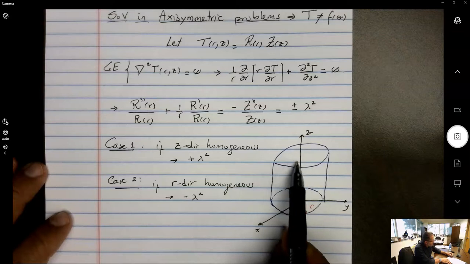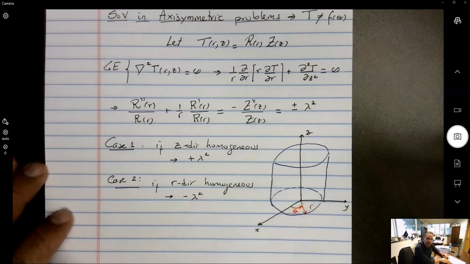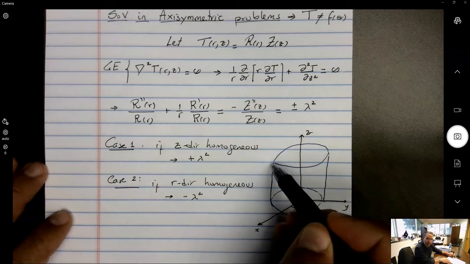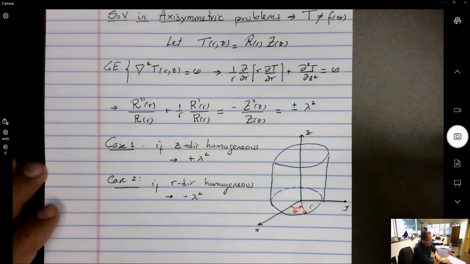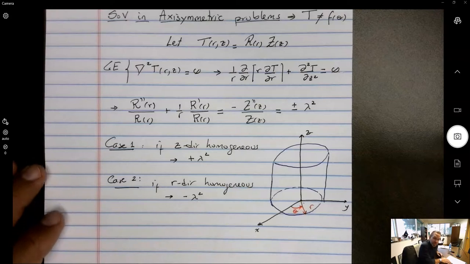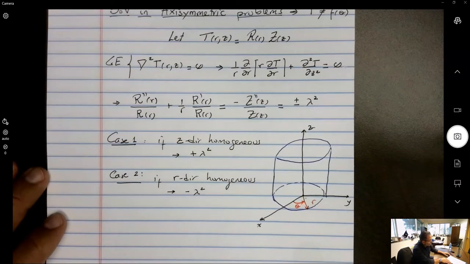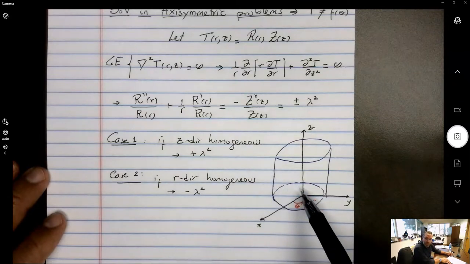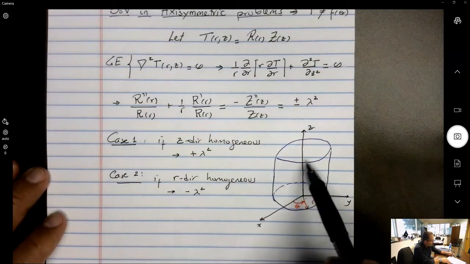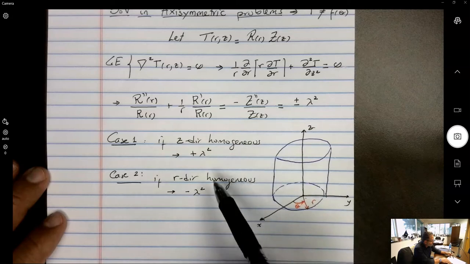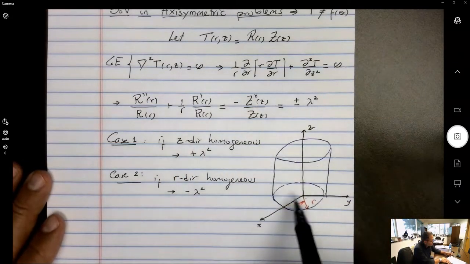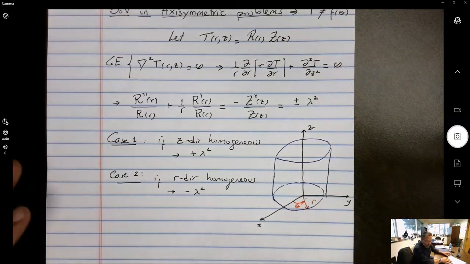If this were a hollow cylinder with a hole in the middle, then the boundary conditions inside and on the outer periphery will be homogeneous. In neither case will the solution be a function of theta. Neither the boundary conditions nor the equation itself is a function of theta, so there cannot be any theta dependency.